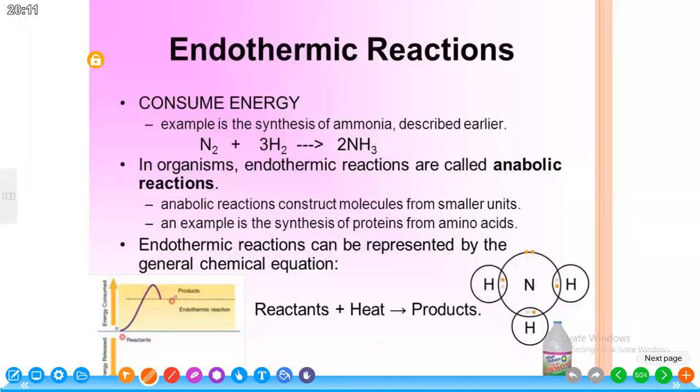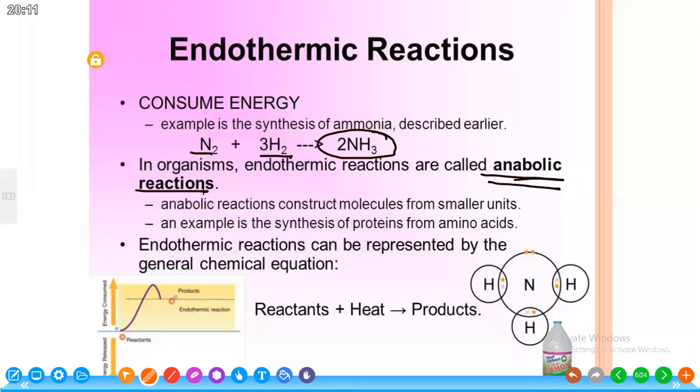So now we study the endothermic reaction. We know that gaining of energy is called an endothermic reaction. Mostly the absorption of energy from the environment is called an endothermic reaction. Here, nitrogen reacts with hydrogen and forms ammonia. That is also an endothermic reaction. You must know that endothermic reactions are anabolic reactions.